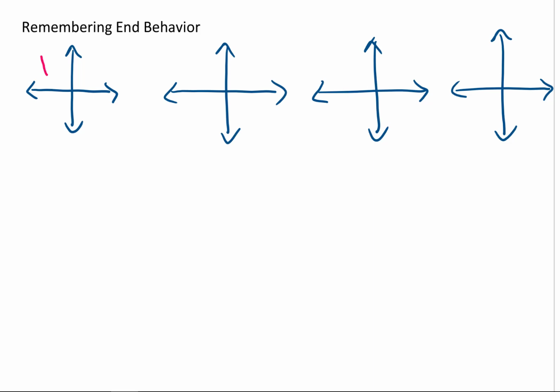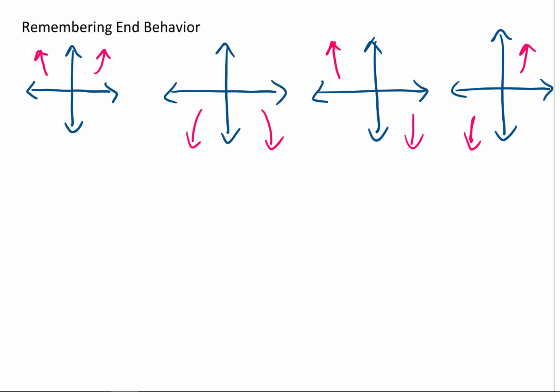We can have end behavior going up on the far left as well as the far right, going down on the far left and far right, and then alternating up, down, and down, up. Now there are significant characteristics in the equation of the polynomial that lead to this specific end behavior.